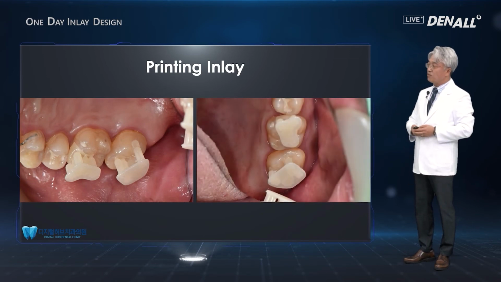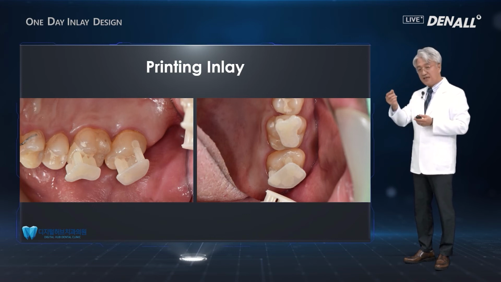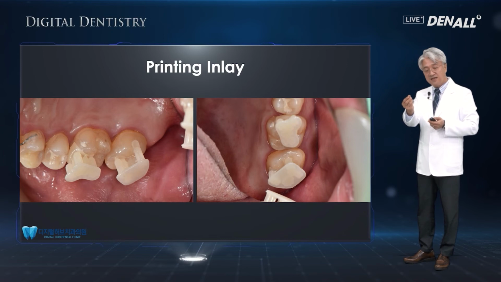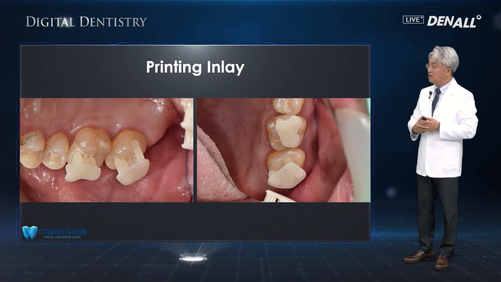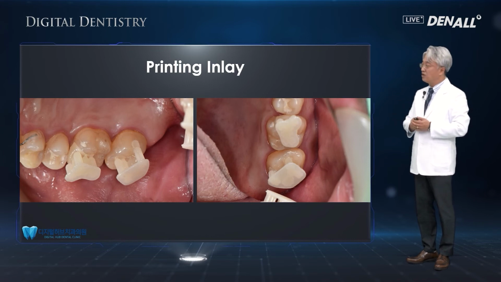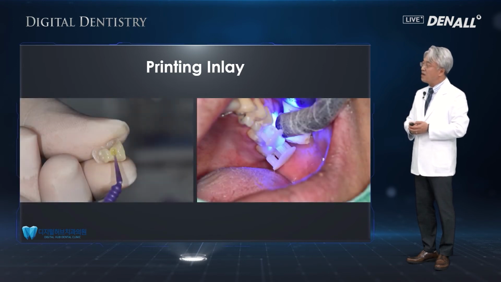So this is the margin fit, and for printing you use support. I didn't remove the support, but just delivered it into the mouth as is, and used that as is for adaptation, and it was quite a good fit.